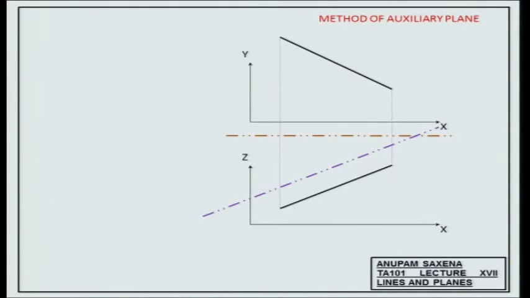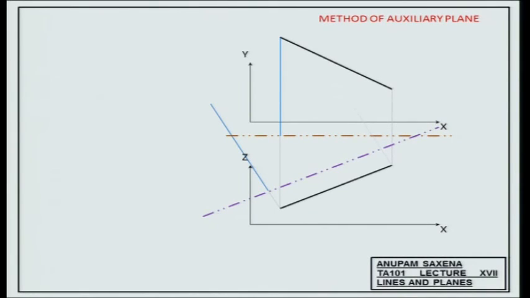Step 1. What is step 1? Draw a hinge line parallel to the projection in the vertical plane. Step 2, draw projection lines. Stay with me. Step number 3, measure that distance and mark that distance over here.